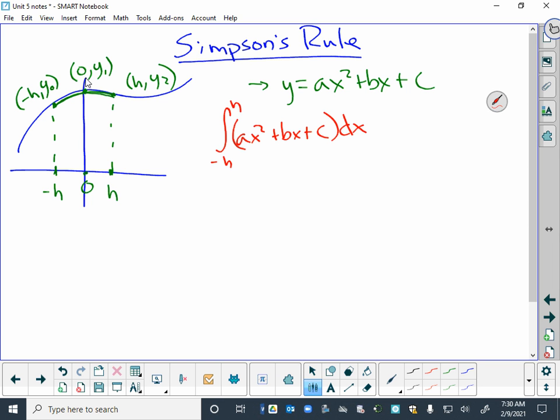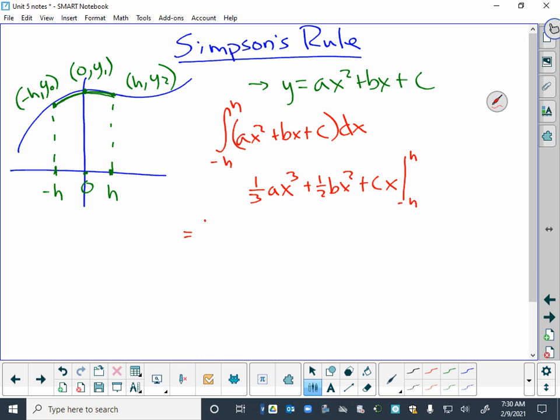The antiderivative would look like 1/3 ax cubed plus 1/2 bx squared plus cx. You can double check that by taking the derivative, and you'll see we get ax squared plus bx plus c. We need to evaluate that from negative h to h.